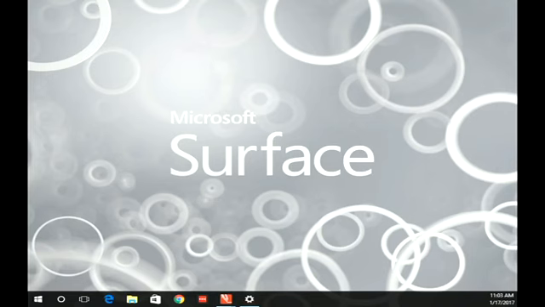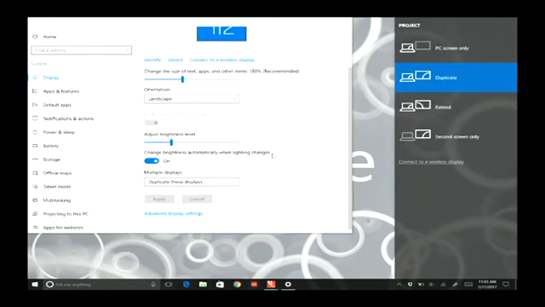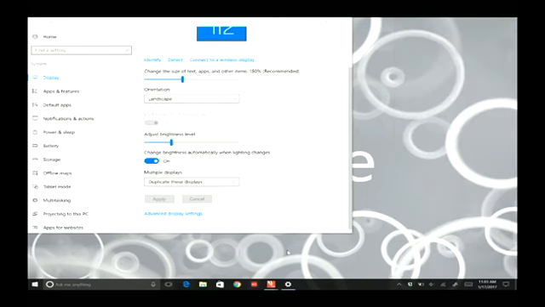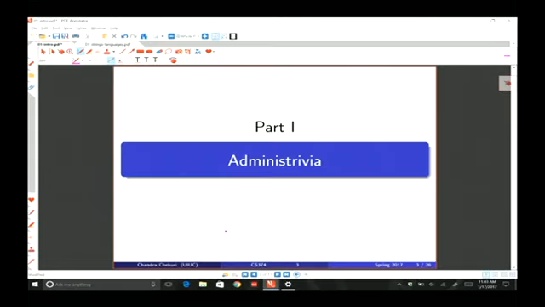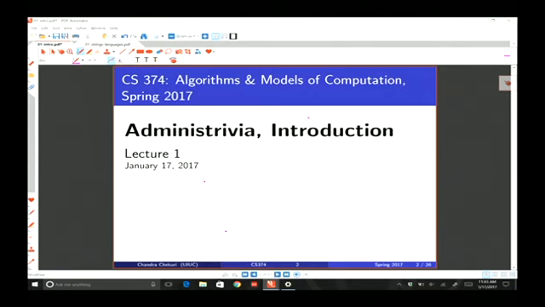I'm not able to connect this. Let's see. Oh. Go to duplicate. Okay. Is that doing it? That may not be what you want, though. Oh, there it is. Okay. All right. Great. Thanks a lot.